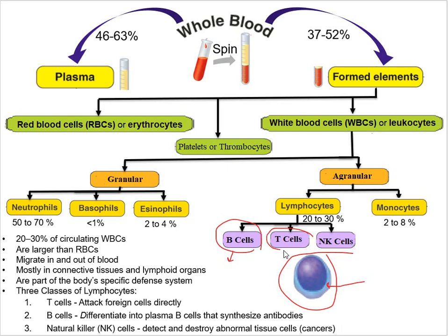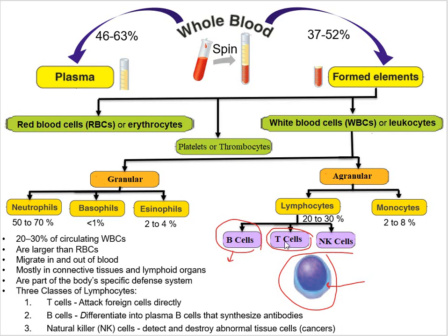T cells divide into further T helper cell, T suppressor cell, and T cytotoxic cell. T helper cell and T suppressor cell are the 2 cells that regulate the immune response. So T helper cell stimulates the immune response, and T suppressor cell inhibits the immune response. Together, they control your immune response.